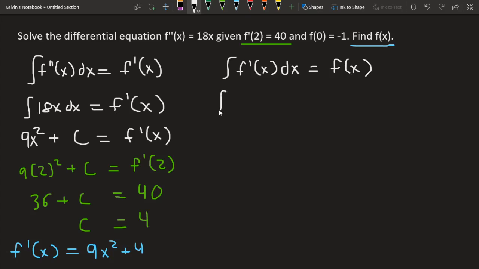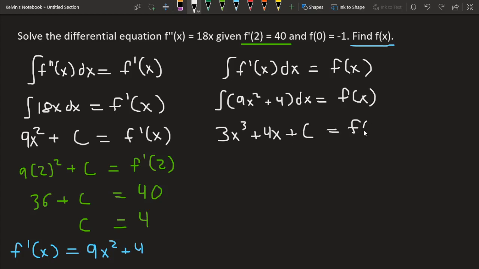And we can replace f prime of x with 9x squared plus 4 with respect to x is equal to f of x. Now, this would be equal to 3x cubed plus 4x plus c is equal to f of x.